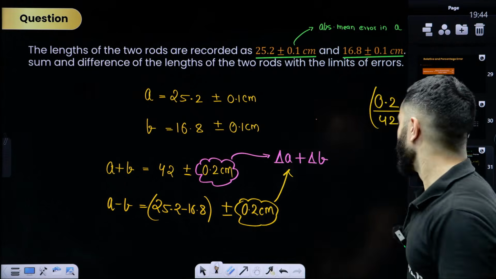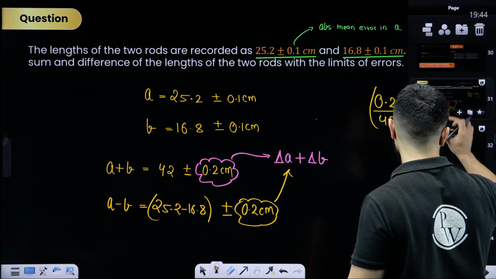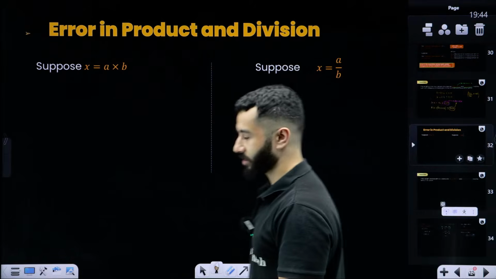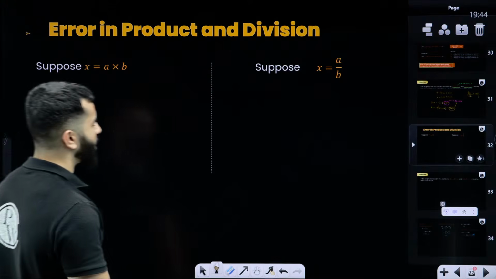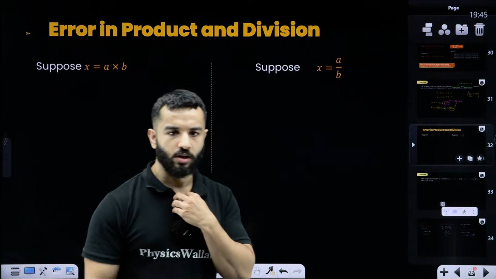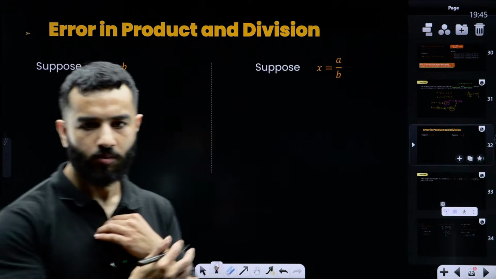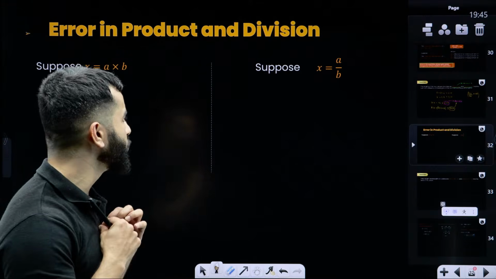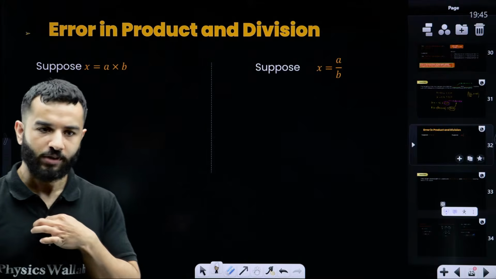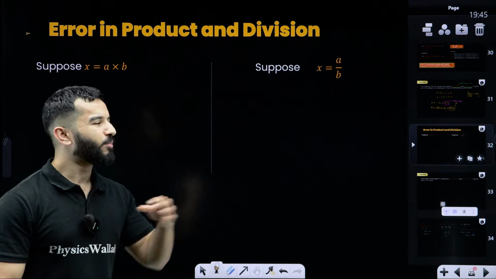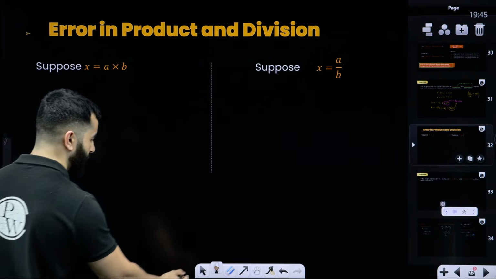All right. So moving on, next is, my dear friends, product and division. Later on, I am going to also explain why we use this, how we have come to this conclusion using the concept of natural log and differentiation. But for now, let's quickly complete this.